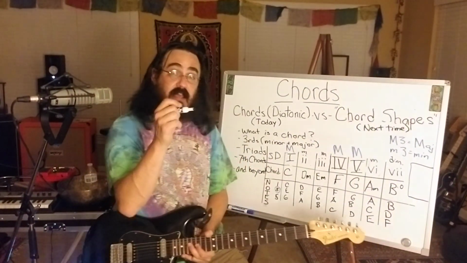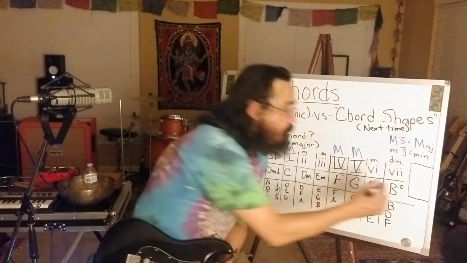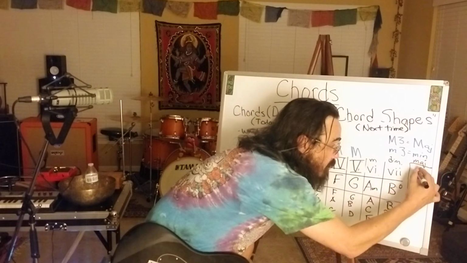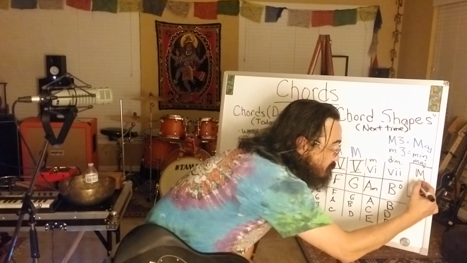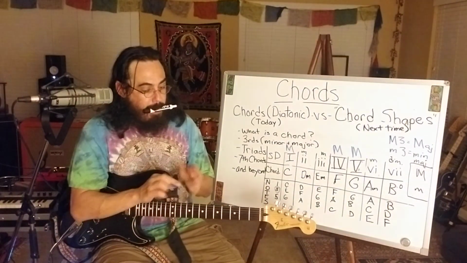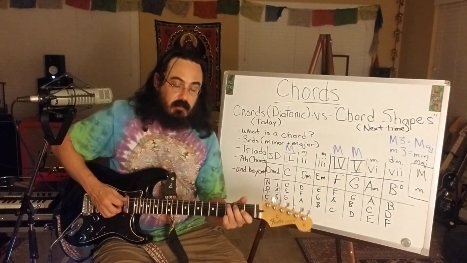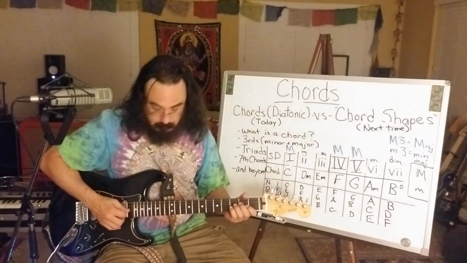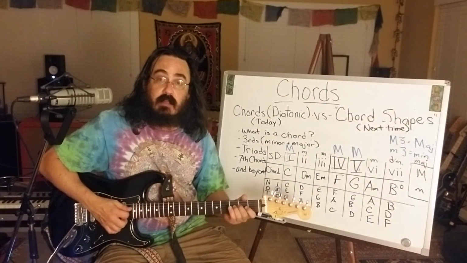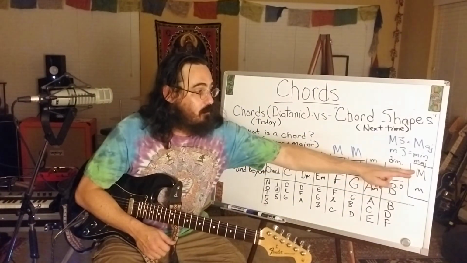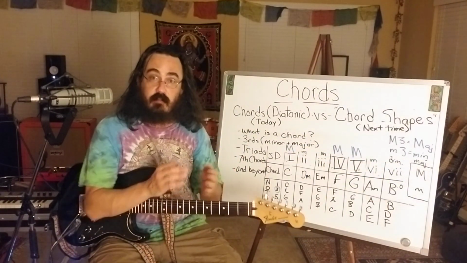For major chords, the 1 to the 3 is a major third, and then the second interval is a minor third. For example, C to E is a major third. E to G is a minor third. So major chords go major, minor in terms of their thirds.